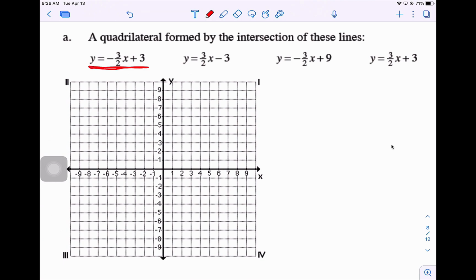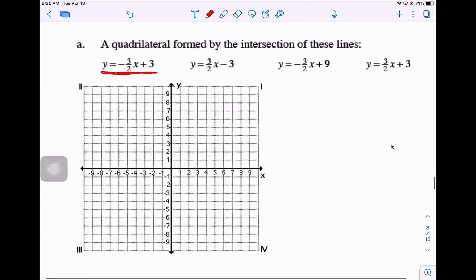What do I do first? Lena? Graph the y-intercept. Yep. Anytime, you always start with a point and then use the slope to find other points. So the y-intercept is positive 3. So on the y-axis, I'm going to put that point. And then from there, I use the slope of negative 3 halves. I'm going to go down 3 and over 2 to find some other points.